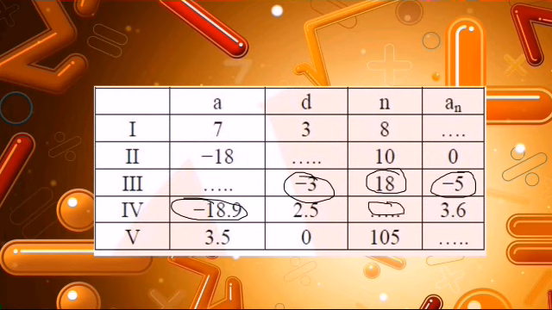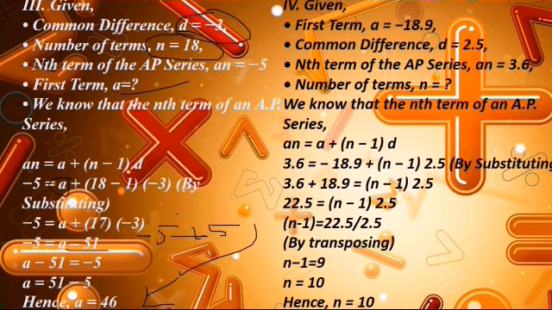We need to find n, the number of terms. The formula is an is equal to a plus n minus 1 into d.